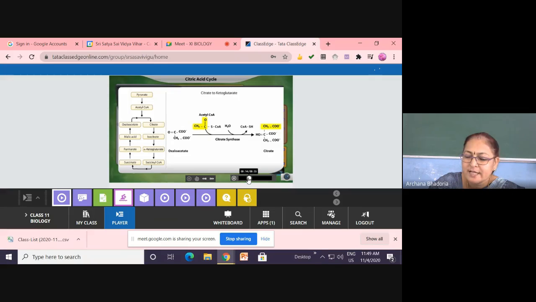The acetyl coenzyme A combining with the oxaloacetic acid or oxaloacetate, in the presence of the enzyme citrate synthetase, is forming the citric acid or the citrate. So CH2COO, then COH, then CO, CH2COO. Noting, children?